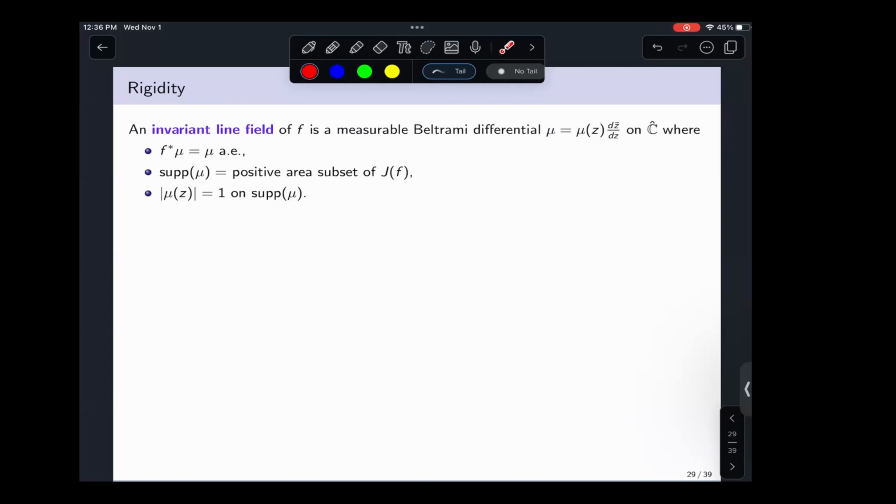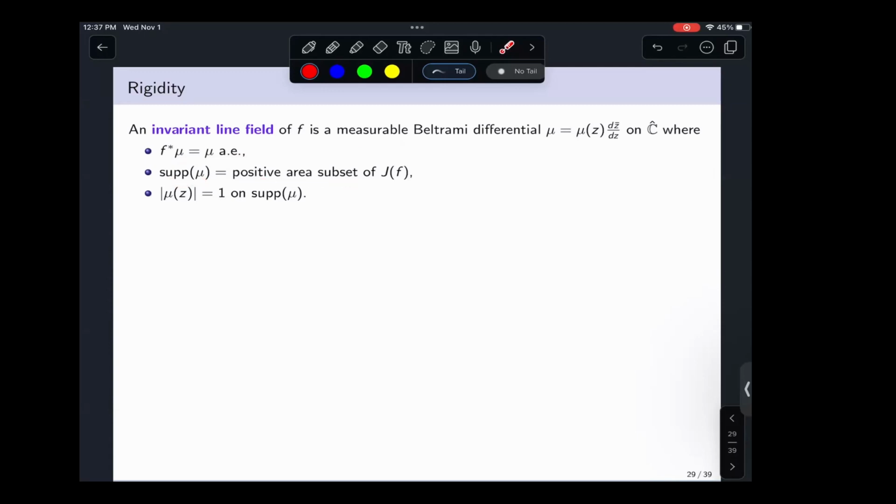But here is a more formal definition, which is: I take a Beltrami differential mu on the Riemann sphere of measurable regularity, and then I want to assume that this is invariant under F almost everywhere, and is only supported on a positive area subset of the Julia set.